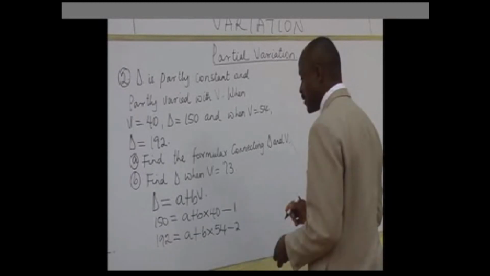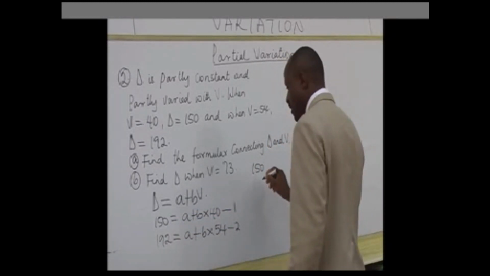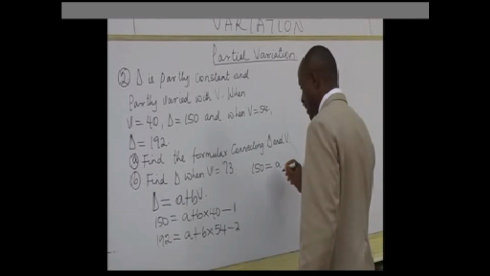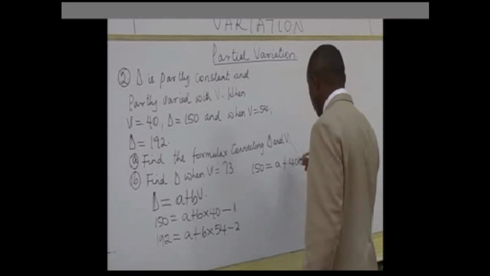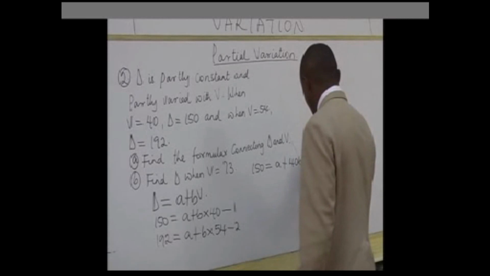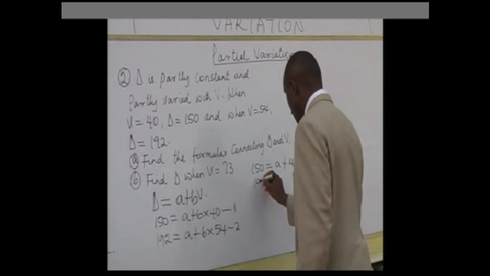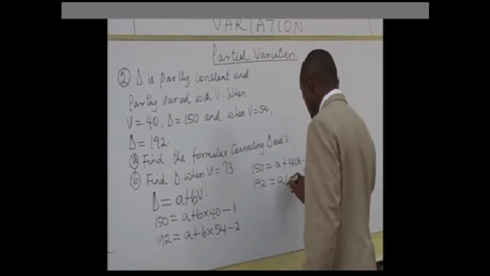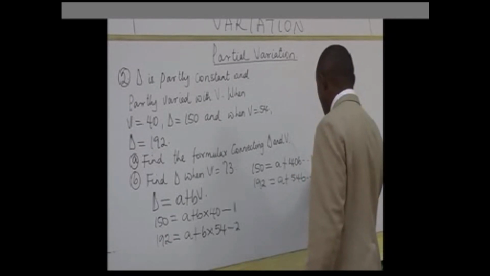We can multiply out. The first equation will become 150 is equal to A plus 40B. That is the first equation. The second equation will become 192 is equal to A plus 54B. That is the second equation.